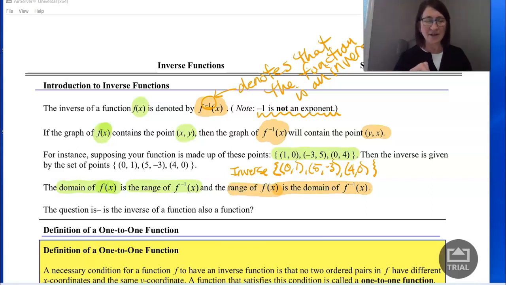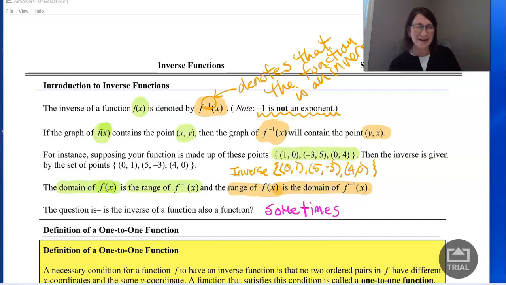All right, so now here's the question for us to really consider. Is the inverse of a function also a function? And our answer to that is sometimes. So let's look at when it is a function, when the inverse is a function, and when it's not.